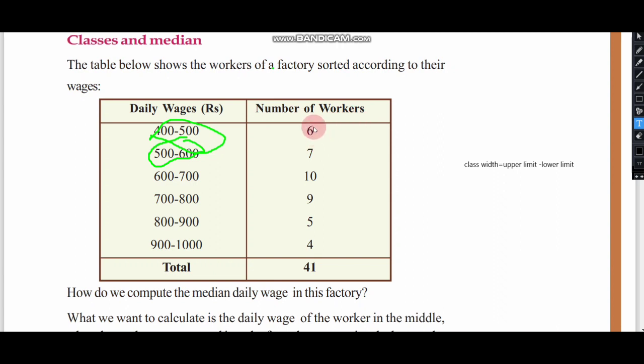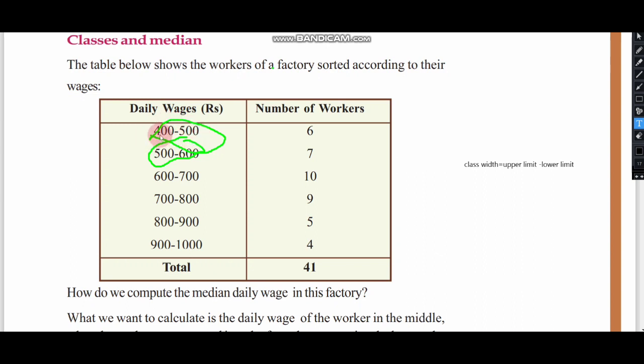Thus, the wages of 6 workers are in between 400 and 500. We don't know the exact values, but it's somewhere in between. This is what we call a class interval.